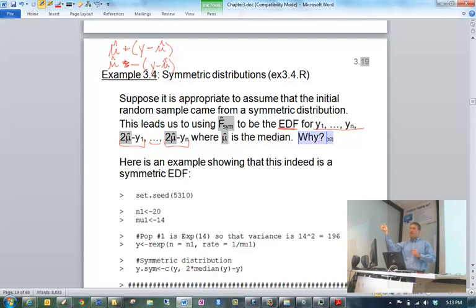Y minus mu hat. And if I had a symmetric distribution, I would equally observe stuff above mu hat as I would below mu hat. Look what happens then if I actually do a little algebra. The mu hat disappears, you just get y, right? So your mu hat plus y minus mu hat. Down here, I would have 2 mu hat minus y. And so that's why then we need to construct an EDF in this manner.